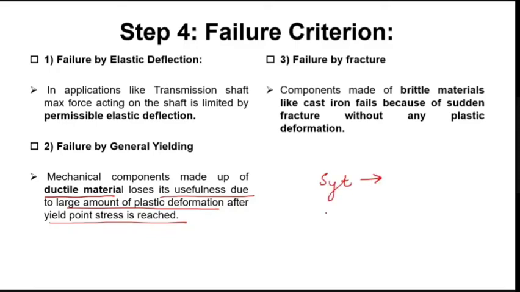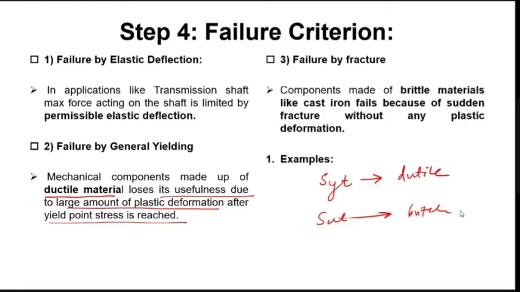SYT is the yield stress and SUT is the ultimate tensile strength. SYT is basically used for ductile material and SUT is basically used for brittle material. I hope you understand this.